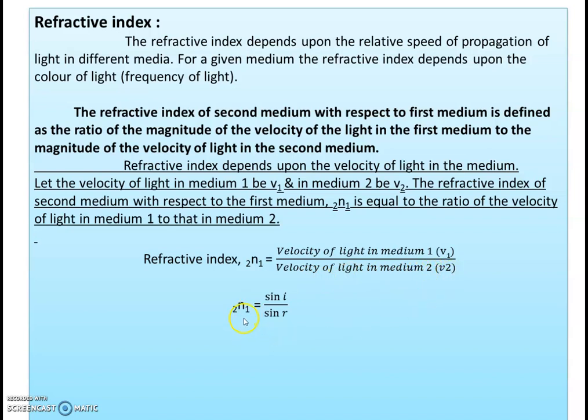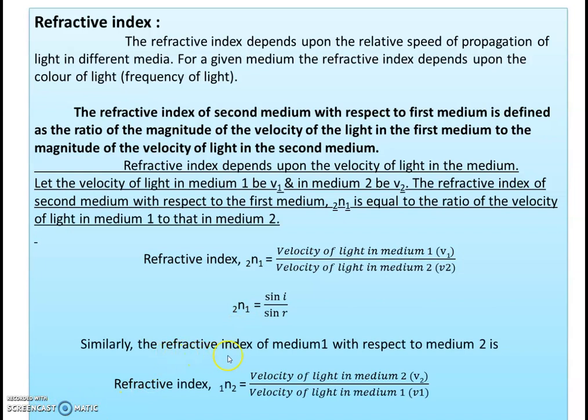It is also the simple ratio of the sine of the angle of incidence to the sine of the angle of refraction. So the refractive index is given by sine i upon sine r. This is read as the refractive index of the second medium with respect to the first medium.